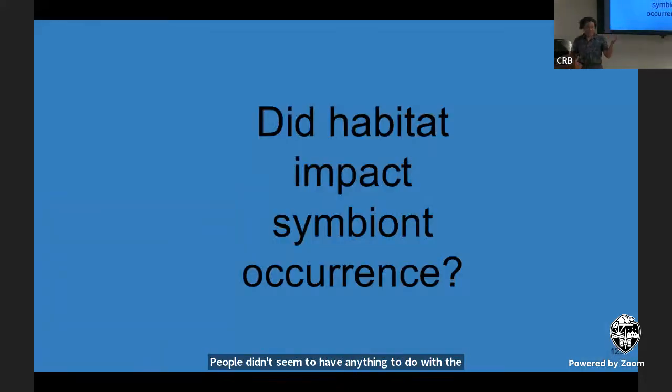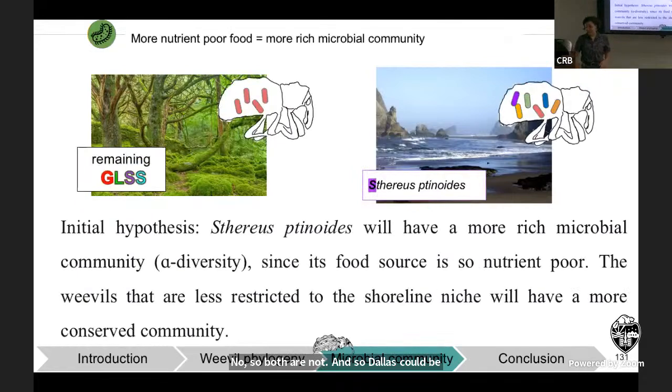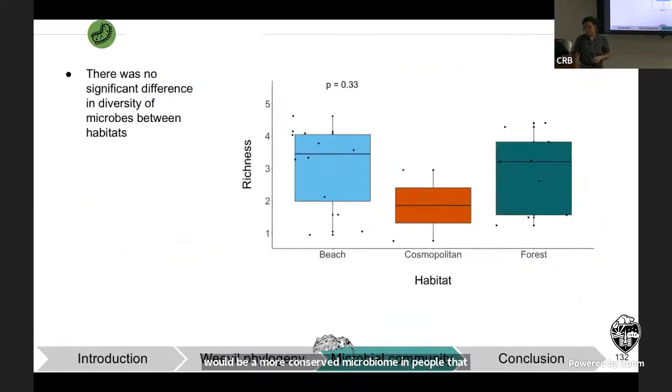And then I wanted to answer a couple other questions. So I wanted to know, did habitat impact symbiont occurrence? No. Both Nardinella and Sodalis could be found in either habitat. And then I had initially hypothesized that there would be a more conserved microbiome in weevils that weren't restricted to the shoreline niche, and that's not what I found.